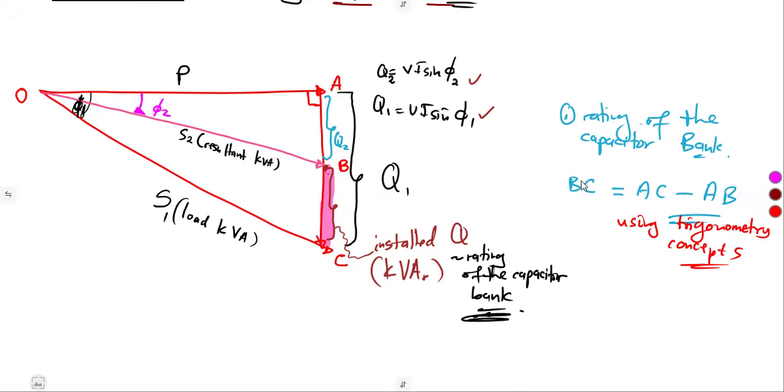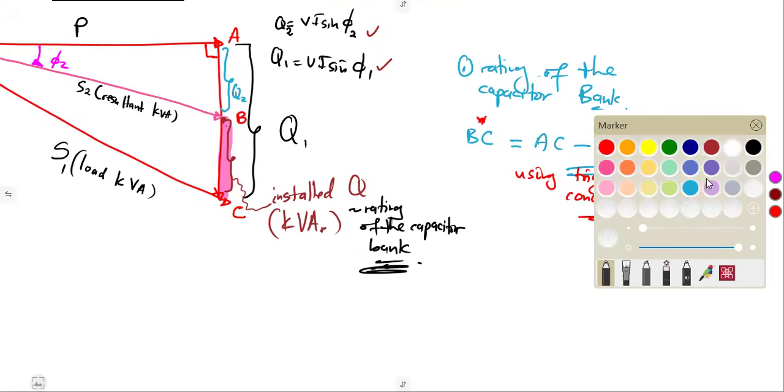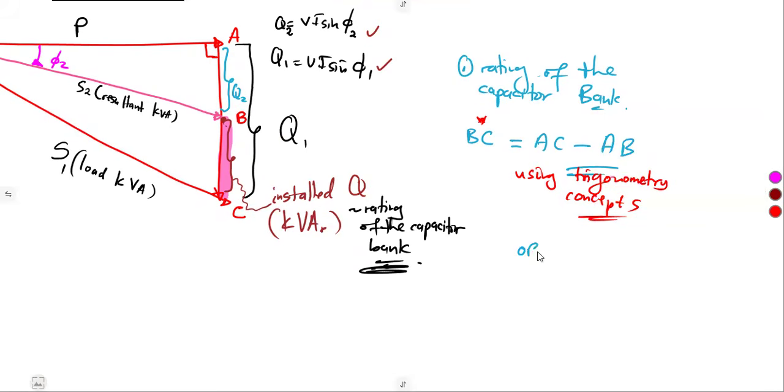We can calculate this by using this formula, using your trigonometric concept, or another way that we can use to find our BC, the same BC, this one, which is our kilovolt ampere reactive rating of what?